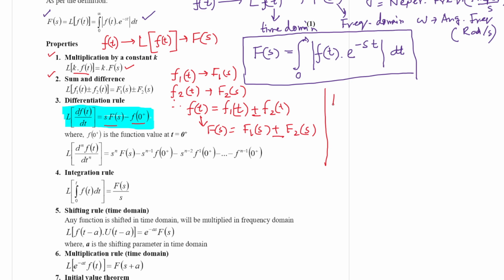So if we apply Laplace transform of df(t)/dt, then you will get s into F(s), that is okay. Additionally, we will have a constant term f(0+), and this term comes from the initial condition.